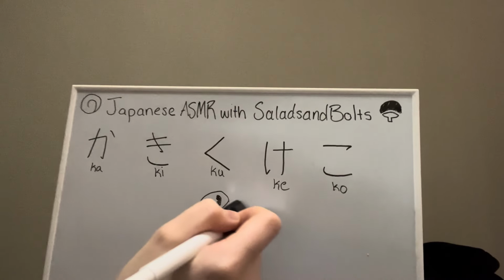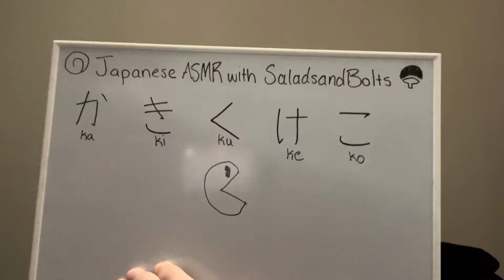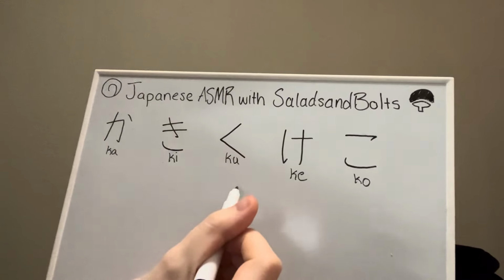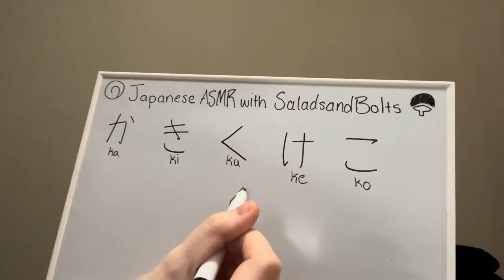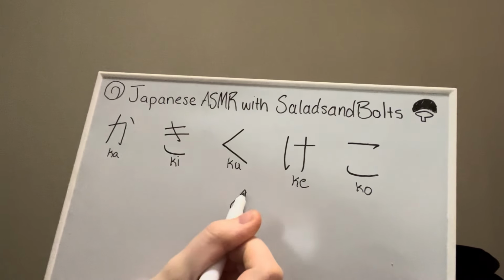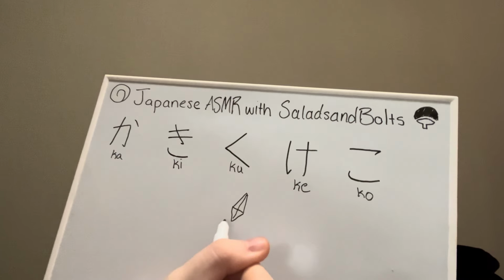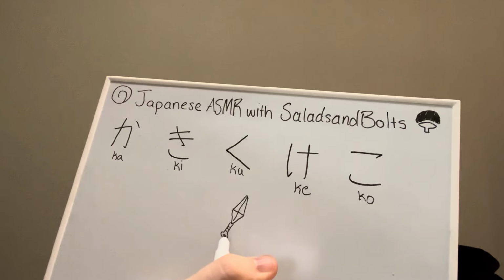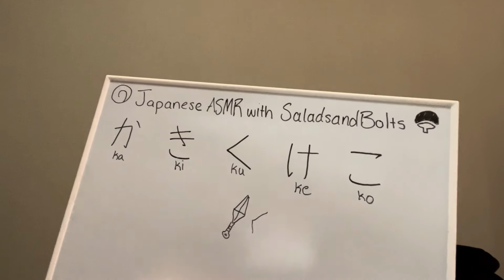Hopefully that helps some people remember. But the other way that I can think of it is ku for kunai. You can draw two facing kus and they become a kunai. Ku for kunai.